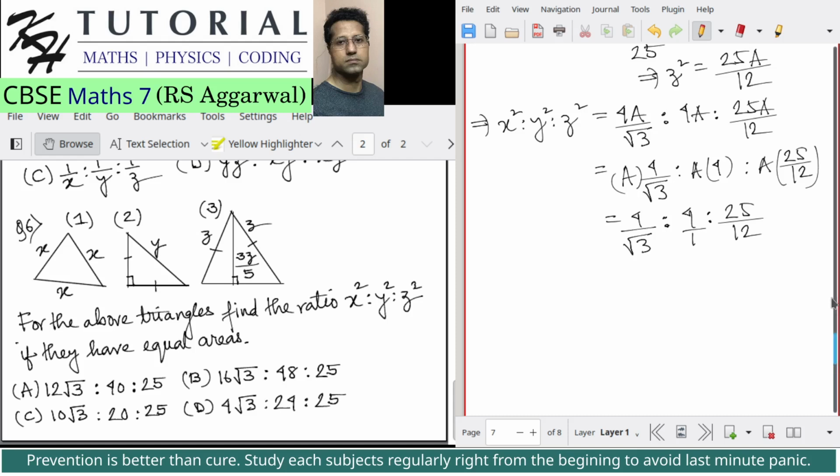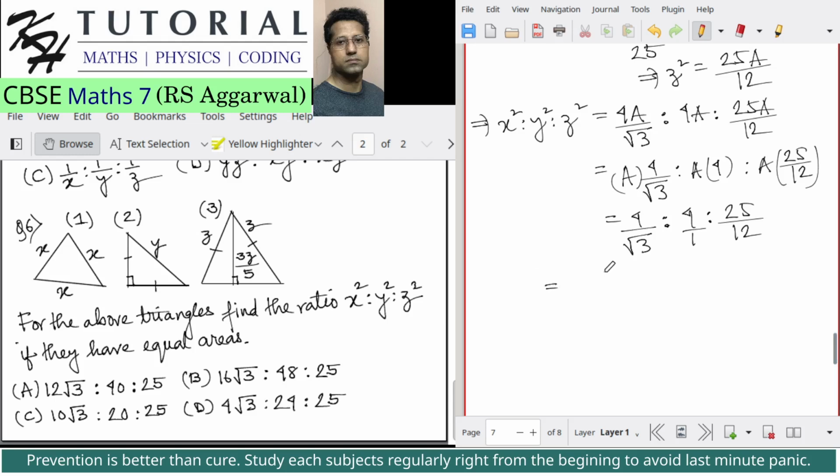The LCM of square root of 3 and 12 will not be equal to square root of 3 multiplied by 12, but to simplify this ratio we can multiply to get rid of the denominator. We can multiply all the parts by 12 into square root of 3.